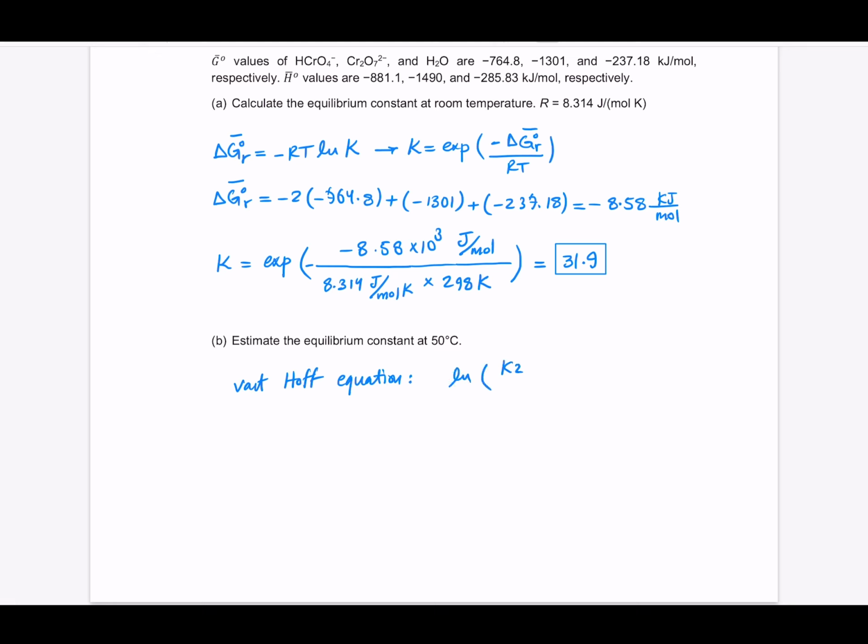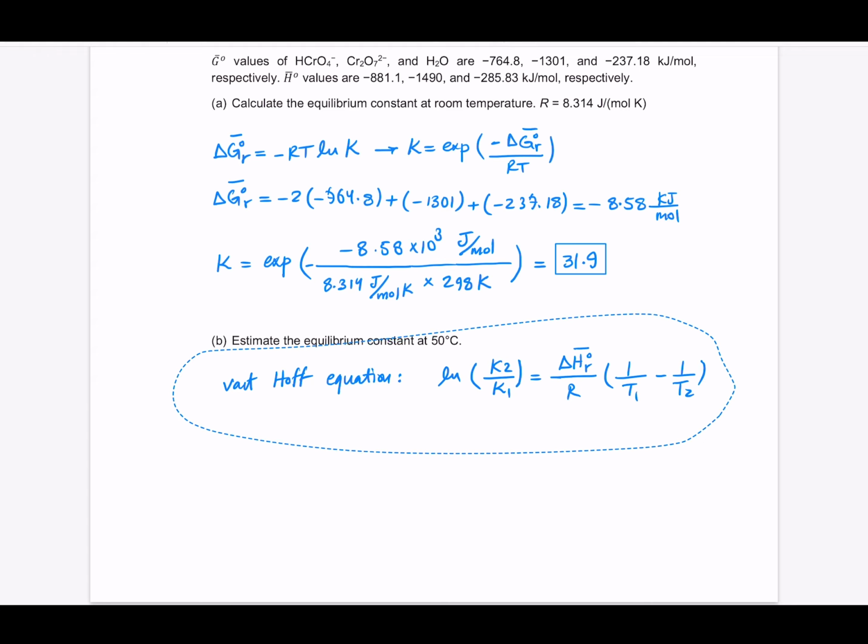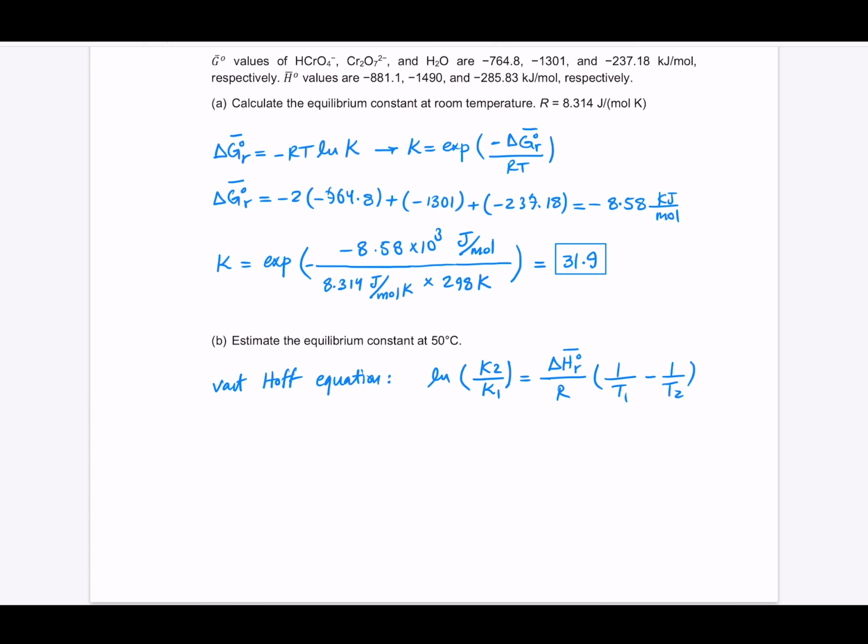So ln K2 at the second temperature is equal to delta H0 over R, a non-temperature dependent factor, times (1/T1 minus 1/T2). I think the rest should be pretty straightforward.